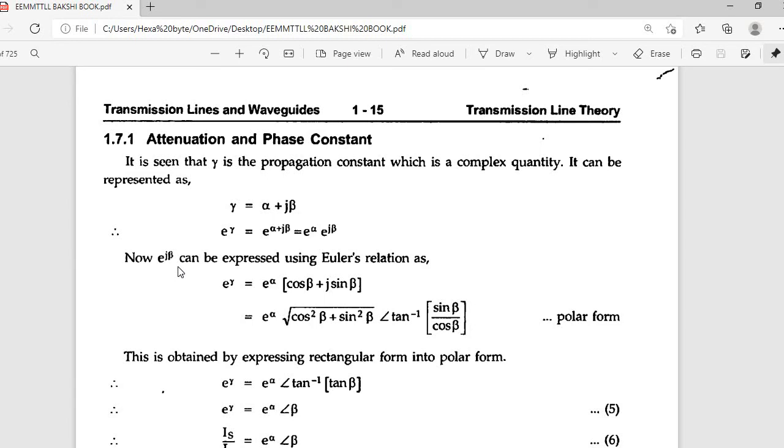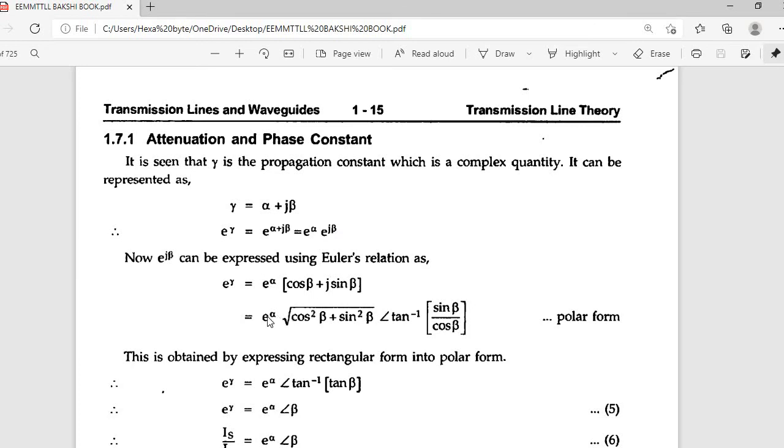Now e power j beta can be expressed using Euler's relation. We know mathematically e power j theta is cos theta plus j sin theta. So here e power j beta is cos beta plus j sin beta.